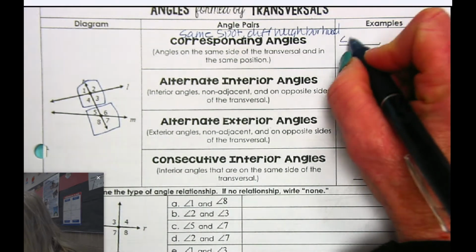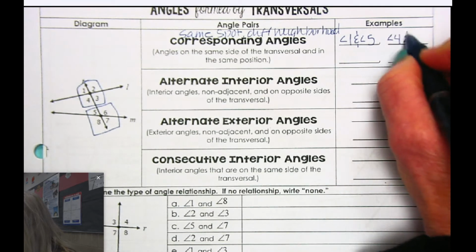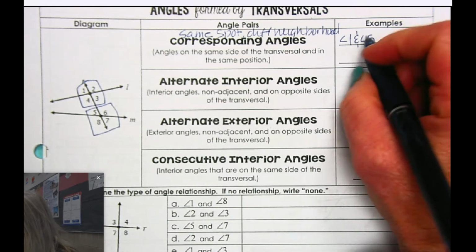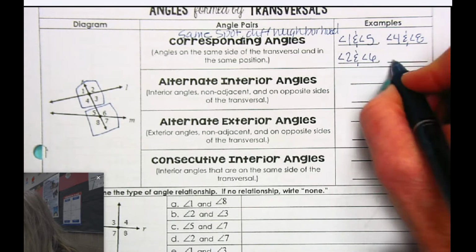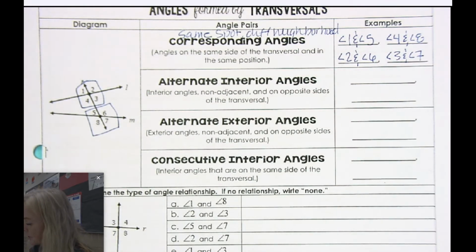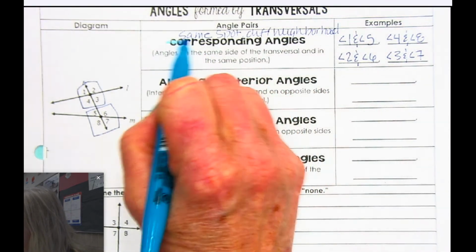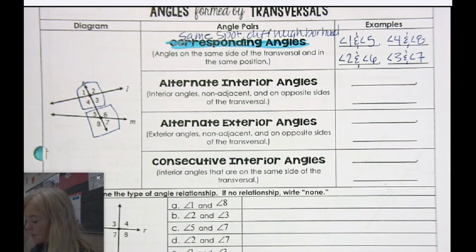So we would say angle 1 and angle 5 are corresponding, and then angle 4 and angle 8 are corresponding. Angle 2 and angle 6 are corresponding, and angle 3 and angle 7 are corresponding. So that's one thing that we can look at.